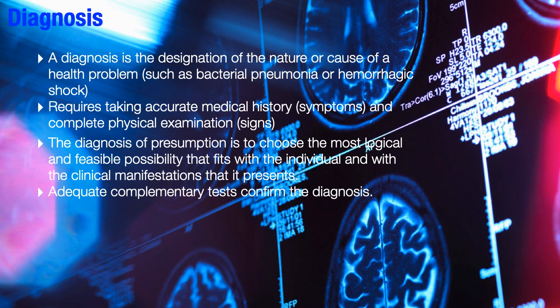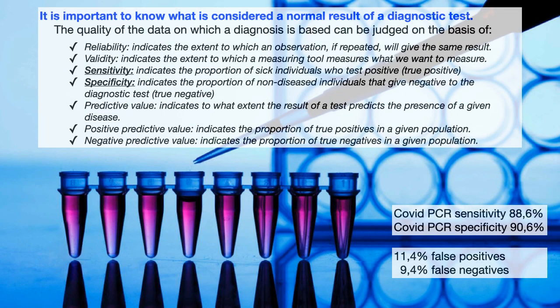Then we need to confirm that diagnosis with complementary tests like medical imaging or blood test or any other sort of test, and after that we can produce a final or confirmed diagnosis.